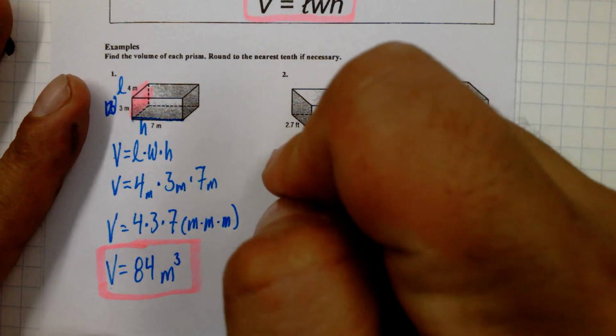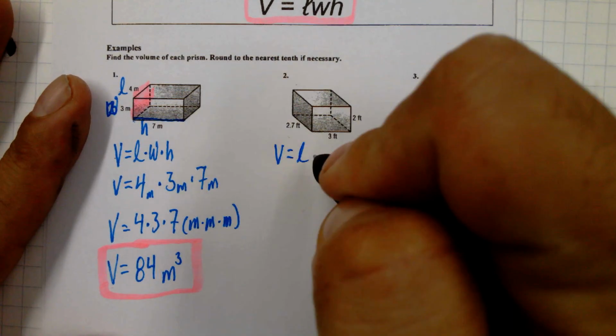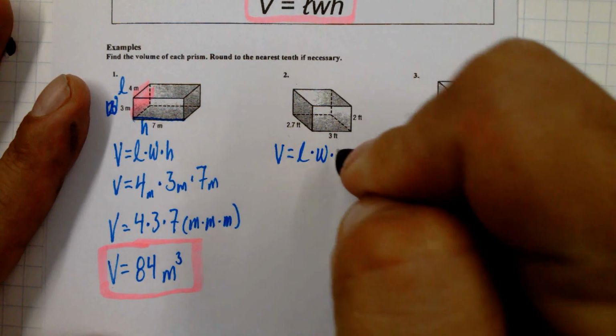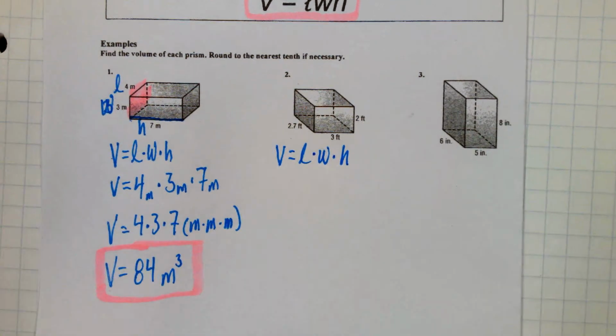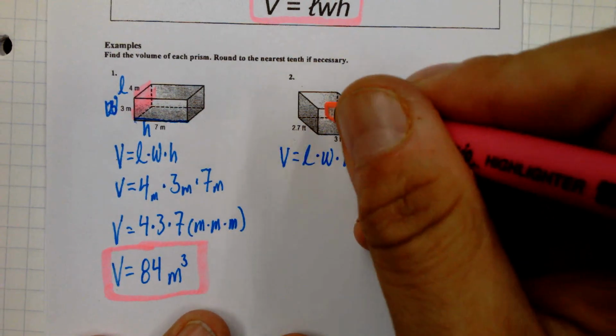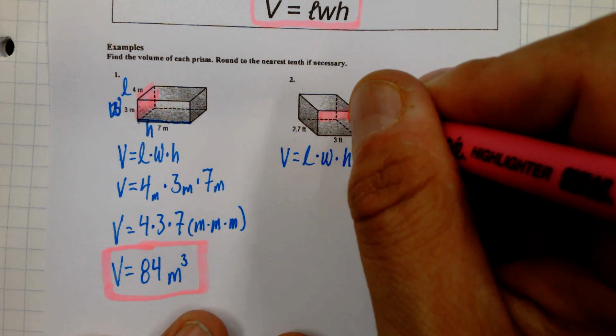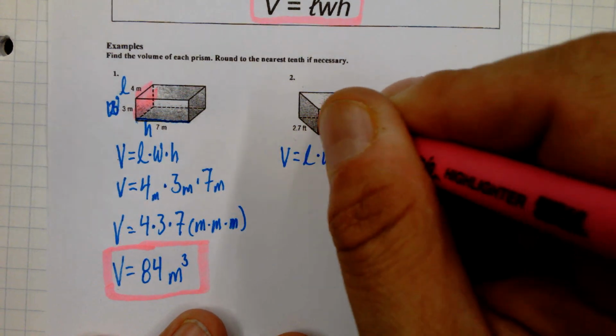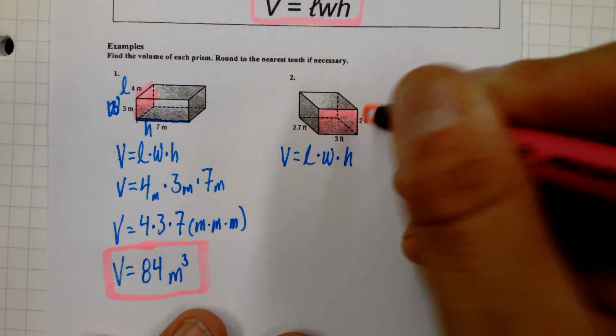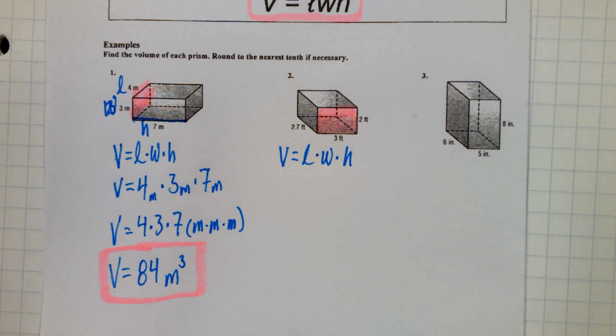Number 2. I'm going to write down the formula, length times width times height. Let's all agree that the base area, or the base rectangle, is this one, the one I'm shading in, the one in the front. So we have our front view of the rectangle.